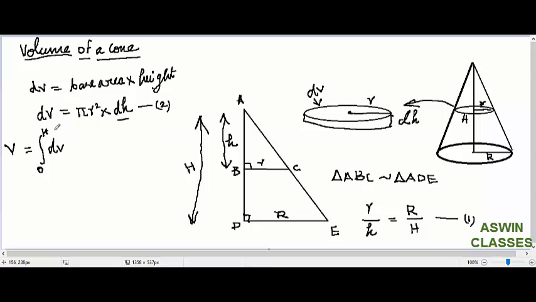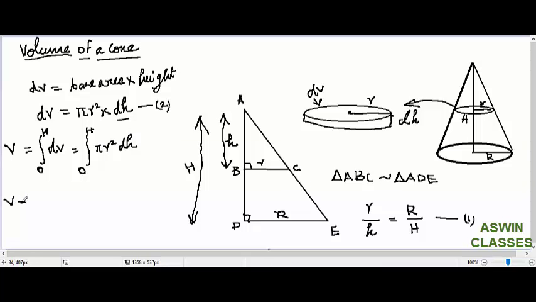So V is the integral from 0 to h of dV, and on substituting, you get integral 0 to h of pi r square dh.